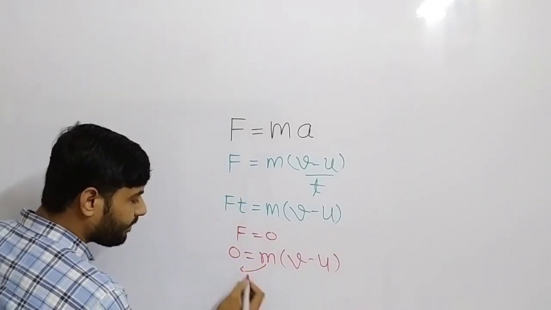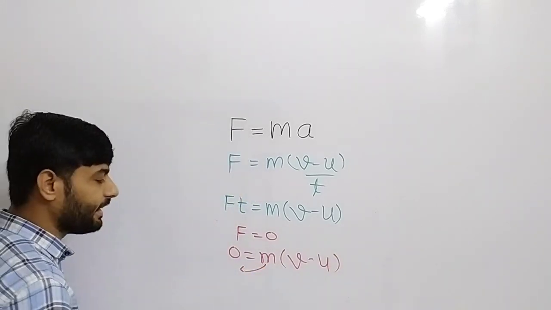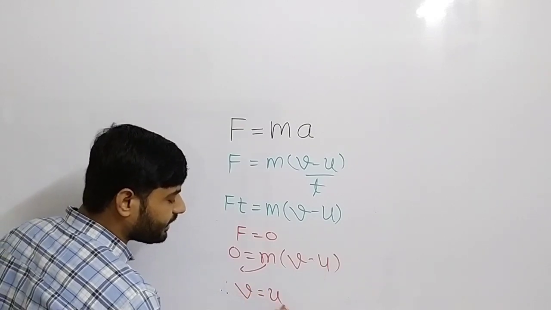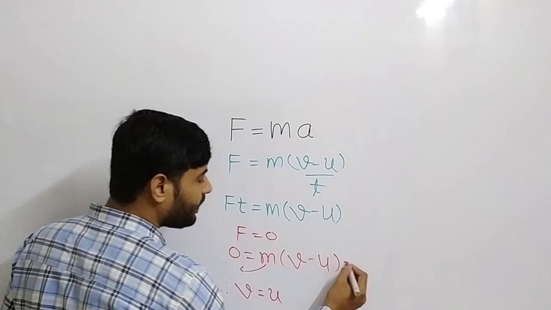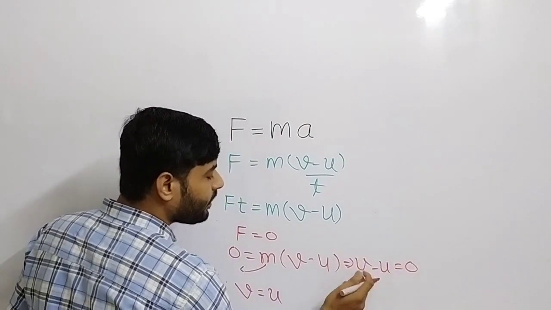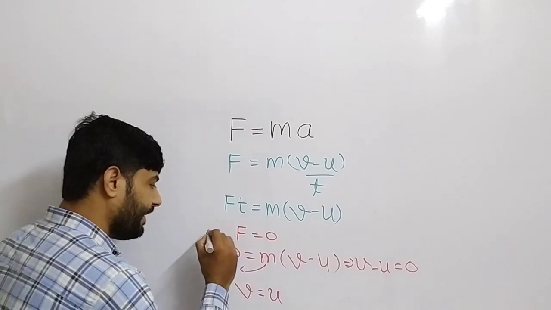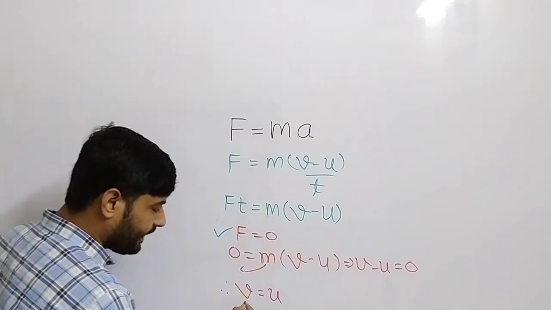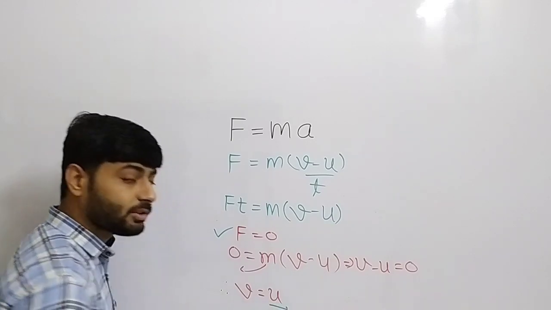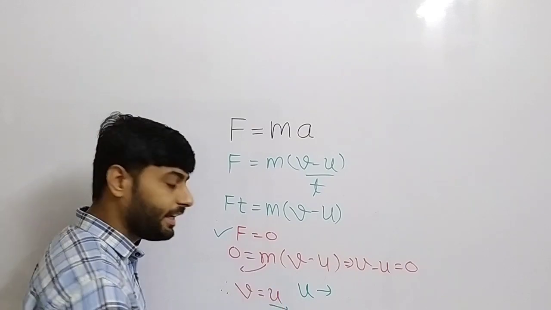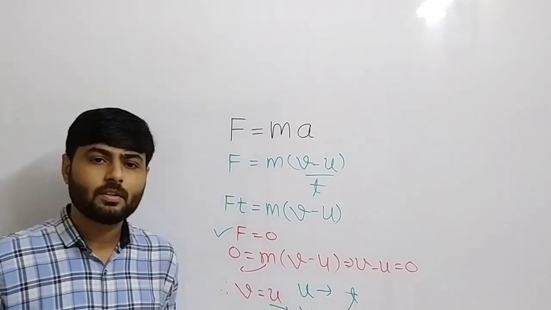So m comes to the denominator and it will be 0. Therefore I got v is equal to u, since v minus u is equal to 0. So we can state that if force is 0, the object will continue its motion with velocity u till time t.